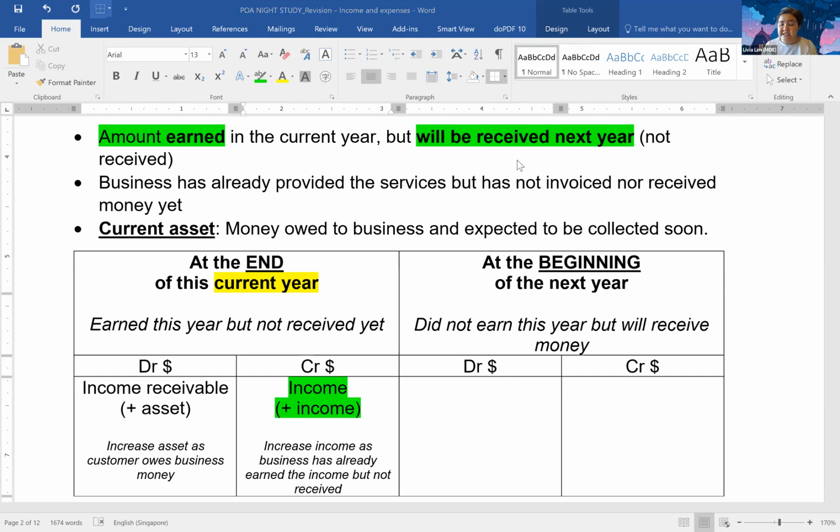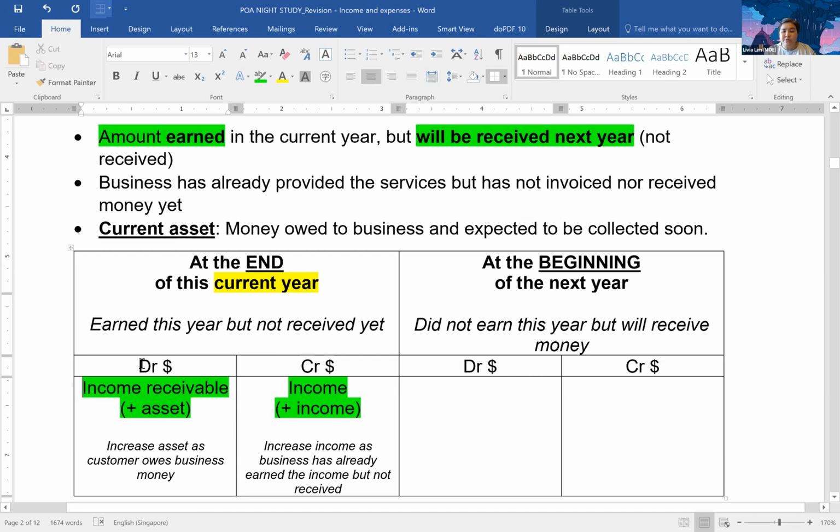I have earned it, so I need to increase my income, plus income. However, the second portion, the second in green, I will only receive it next year. I have not received the money yet, so I will need to record this income receivable asset plus. You will increase the asset because the customer owes the business money.